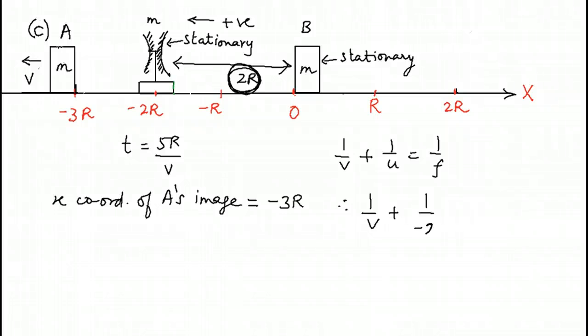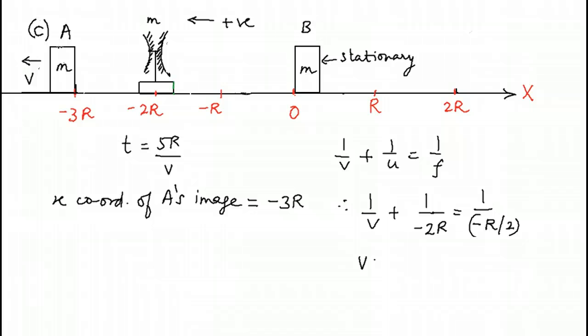So I write minus 2r, and that's equal to 1 upon, once again the directed focal length of this mirror is going to be minus r divided by 2. Usually, of course, we write f is equal to r by 2, but there r is the directed radius of curvature, and here it's the actual radius of curvature, so we have to introduce the minus sign. And when I solve this equation, I get v equals minus 2r divided by 3.